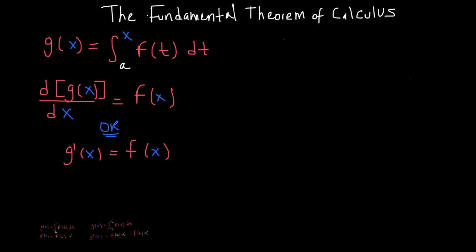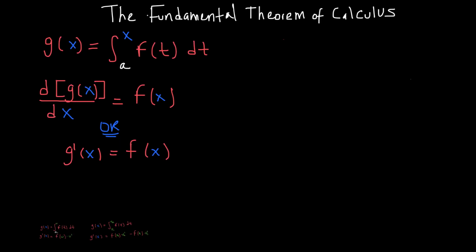Now f is a different function, and f depends on t, some other variable. But they are linked by the integral, and the integral goes from a, which is a constant, to x, which is the variable that g depends on.